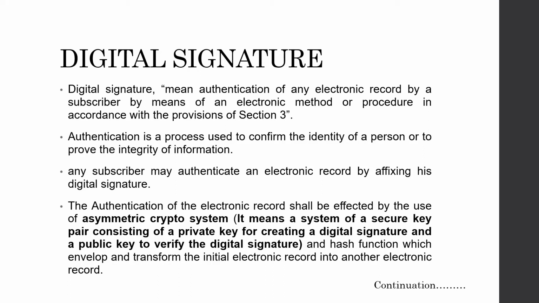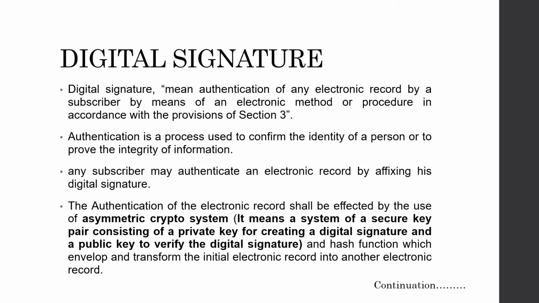Next, the authentication of the electronic record shall be effected by the use of an asymmetric crypto system, which I already discussed. Asymmetric crypto system means a system of a secure key pair consisting of a private key for creating a digital signature and a public key to verify the digital signature. I already said, whenever you get a DSC, you get one password that we call the private key.